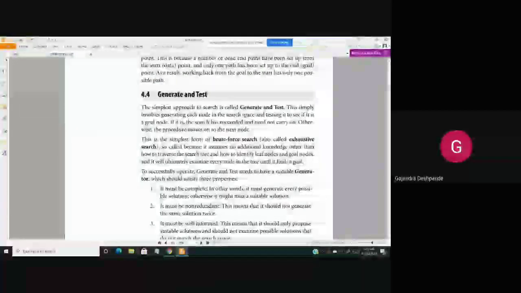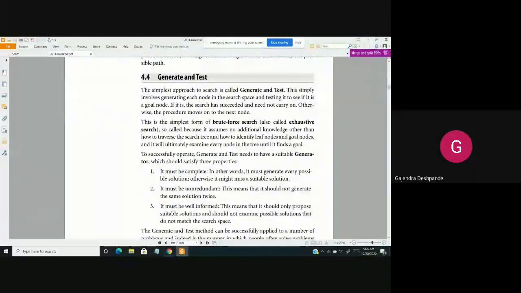So let us first study the first method, that is generate and test. It's a blind search method, that means an uninformed search method. So we don't use any heuristics in order to optimize the search. Generate and test is a very simple technique and the simplest approach to search.